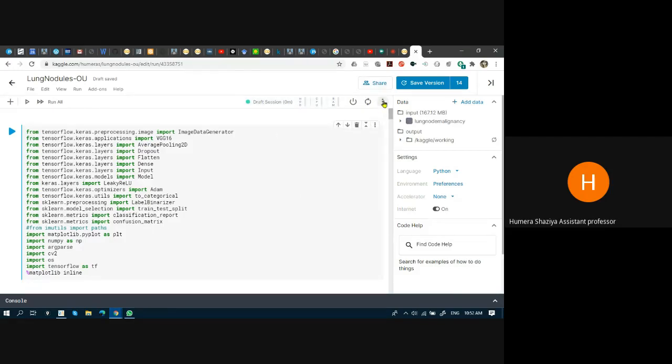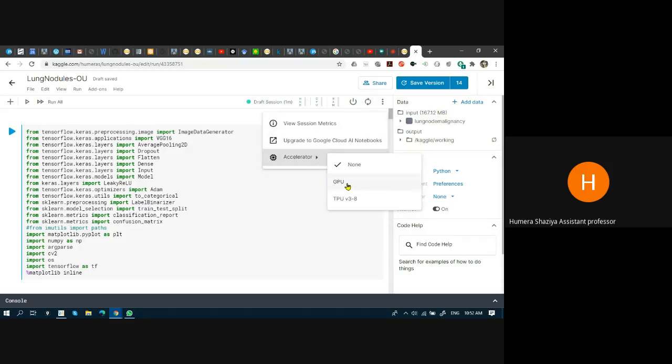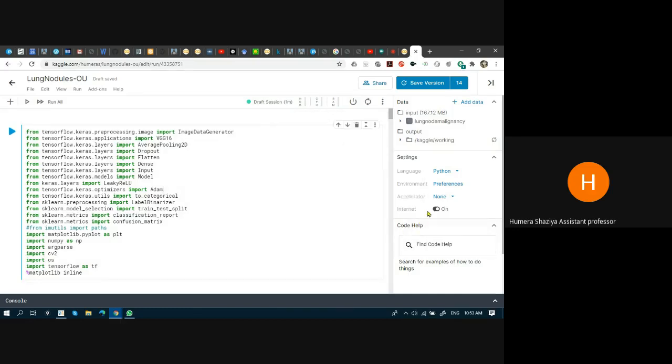And here you can see HDD, CPU, RAM. I can stop the session. I can restart the session. I can ask for GPU because GPU is limited. And by default, only processor will begin.